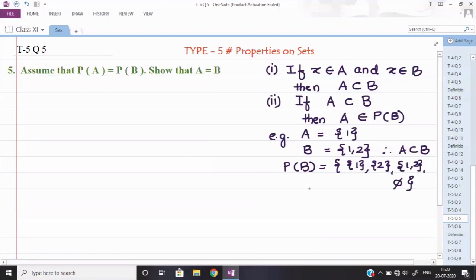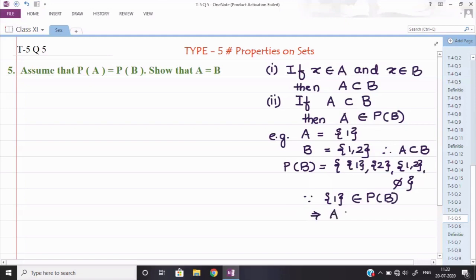Now tell me, can we say that {1} is an element of P of B? Here what is P of B? P of B is the power set of B. And what is {1} in the curly bracket? {1} is equal to A.